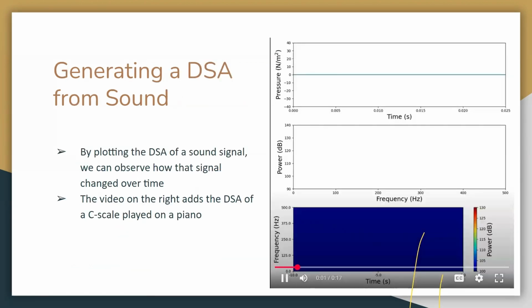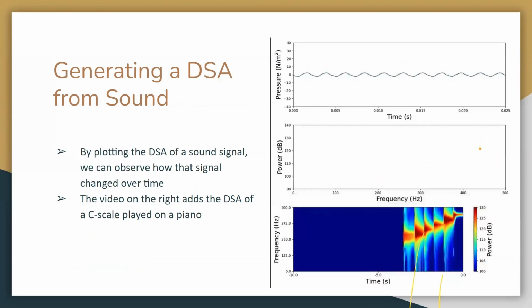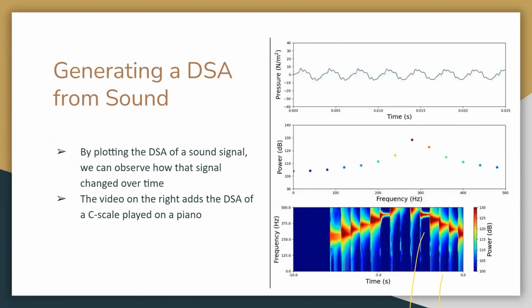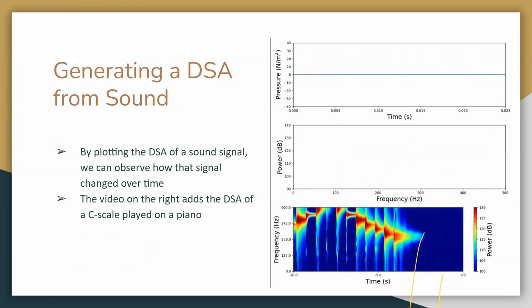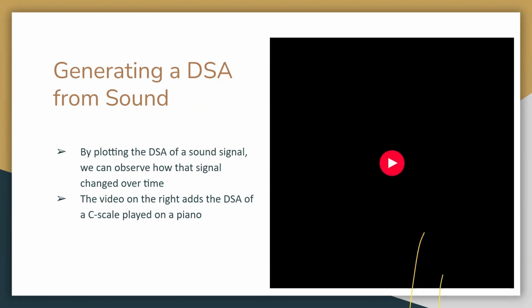Now the bottom plot is the DSA. What you'll notice is as it gets higher in pitch, the red peaks are moving up. But the DSA holds more information because not only is it showing the Fourier transform now, but it shows the Fourier transform previously in time, so I can watch the signal evolve in time.